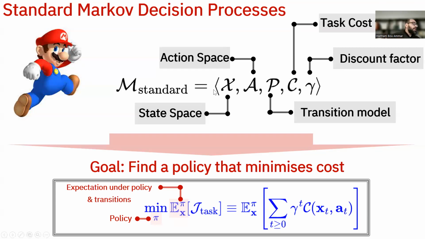We call that here M standard, and that Markov decision process is made of a state space, where the agent is, an action space, what actions the agent is allowed to take, a transition model, which tells me how the environment will go to the next state given I'm at the current state and apply the current action, and a cost function or a reward function, which tells me how well the agent is doing.